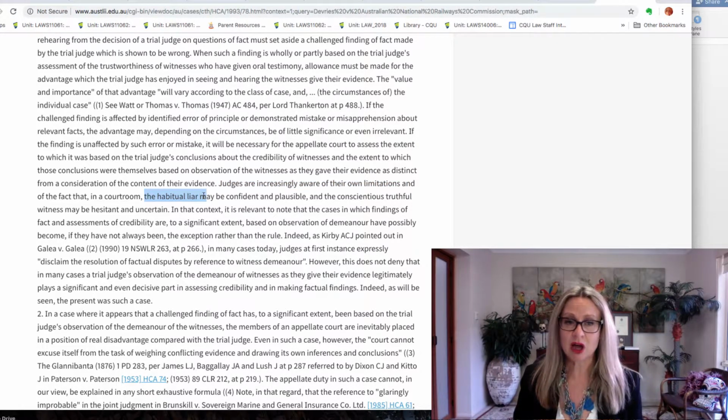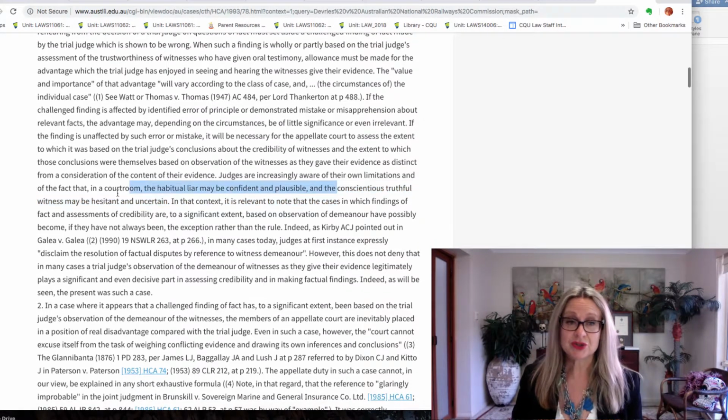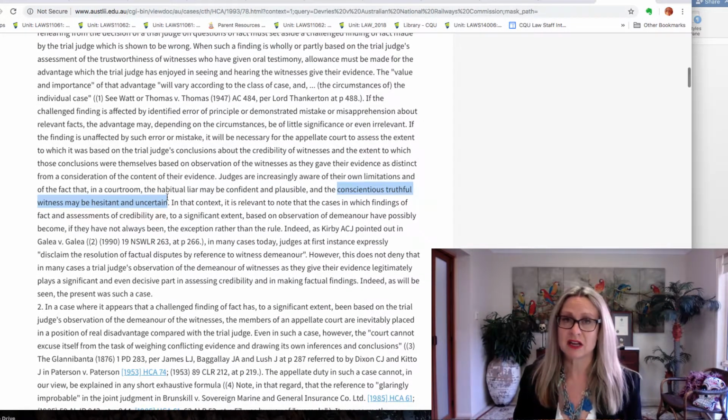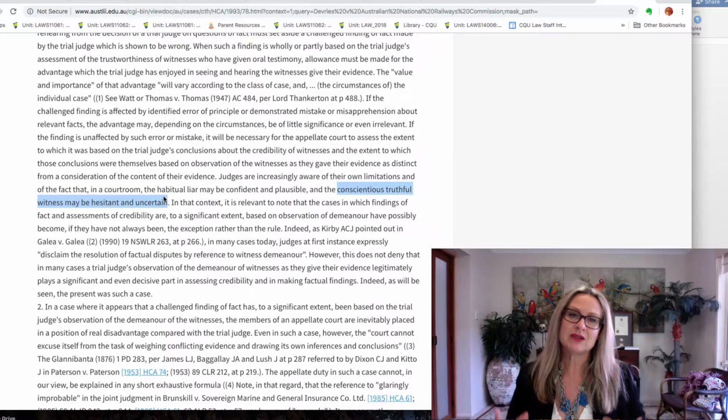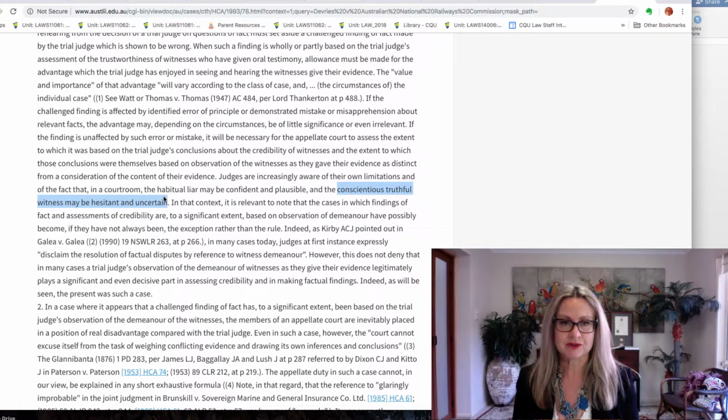A habitual liar might be confident and plausible, but a conscientious, truthful witness might be hesitant and uncertain. And it's really the trial judge that's listening to everyone give their evidence, forming conclusions about credibility that will then influence how the trial judge finds on issues of fact.